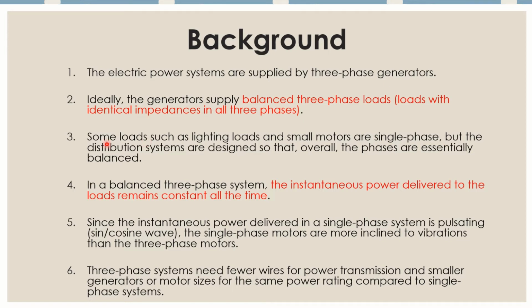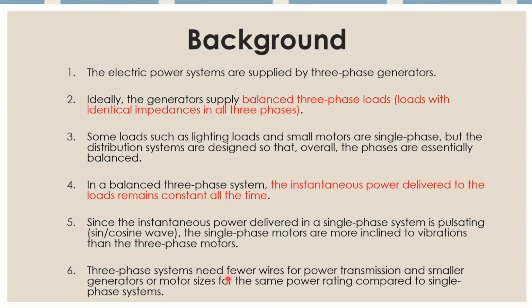For example, some of the loads can be a small motor, or anything that consumes power. In the balanced three-phase system, the power is delivered instantaneously to the load, so it remains constant all the time.